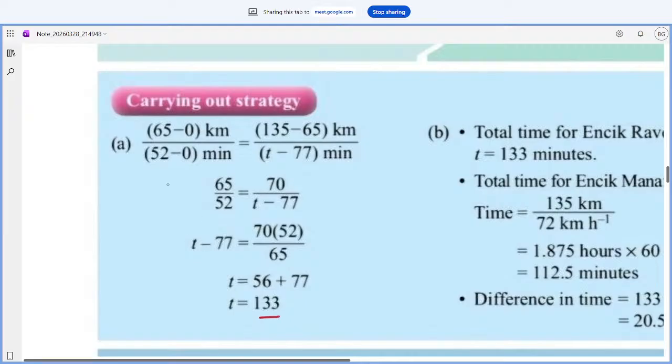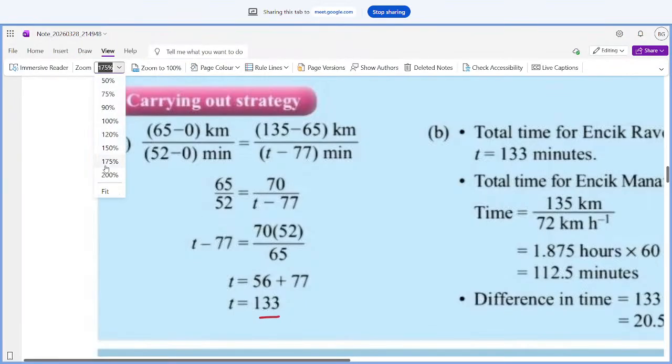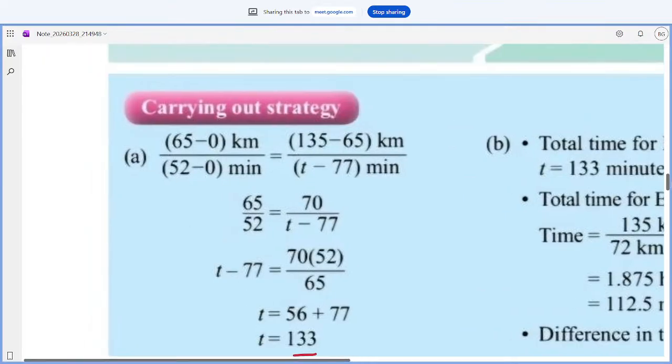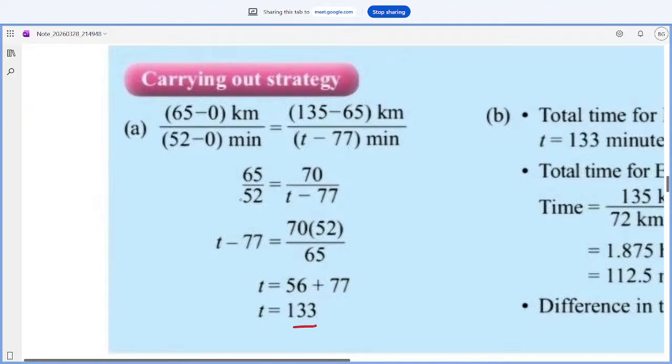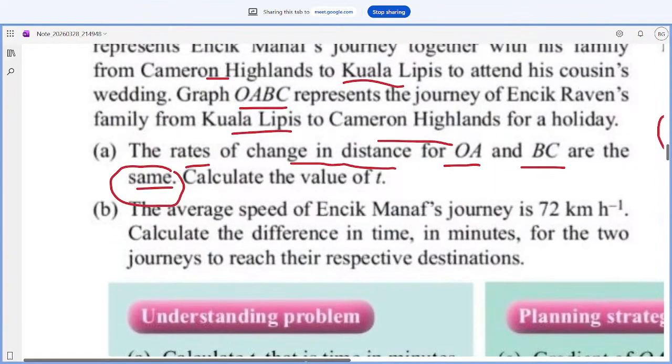So basically you just need to compare only. Do you guys understand how to do this question? All of you? The concept in this question is basically just count the gradient only. No problem until now.